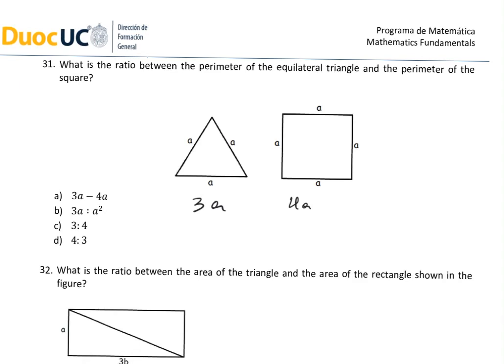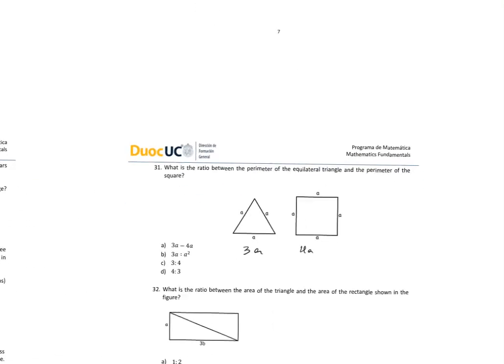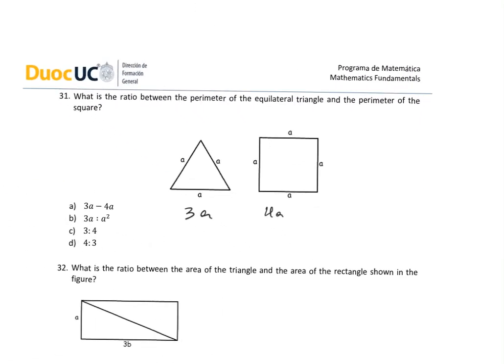Ratio. We're comparing between what? The triangle and the square. Remember, the order is important. They told us triangle and then square. So 3A to 4A.